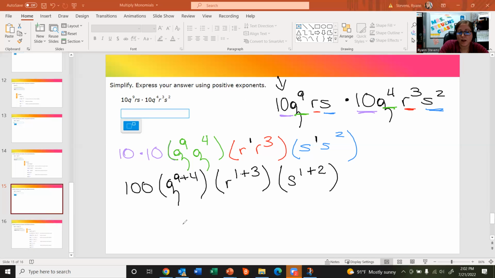And we could go through and add all this up, which would give us 100. Q, 9 plus 4 is 13. R, 1 plus 3 is 4. And then S, 1 plus 2 is 3. And even though it does look different, that is how you would simplify this expression by multiplying those monomials together.